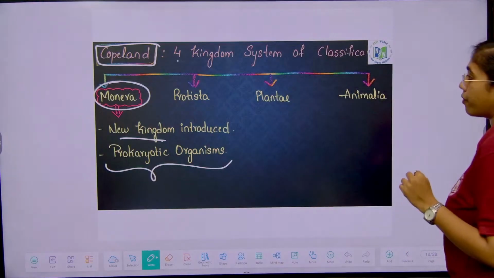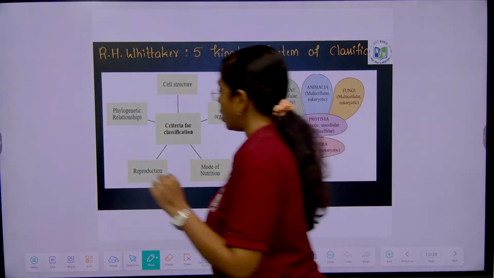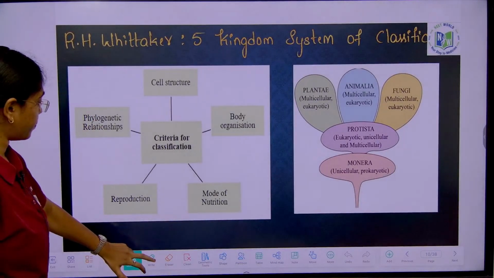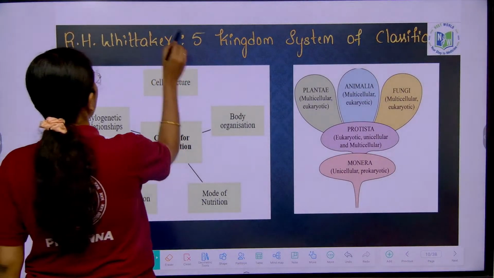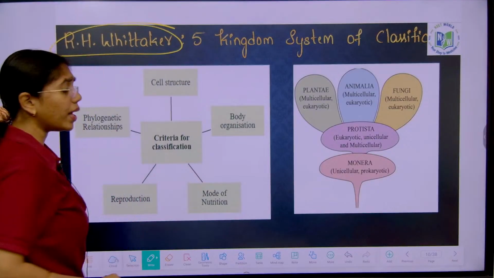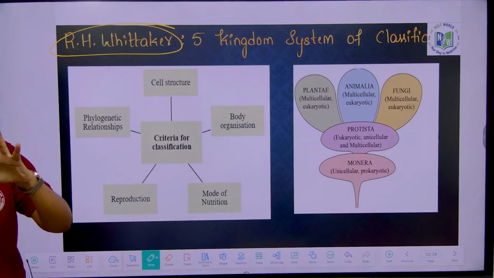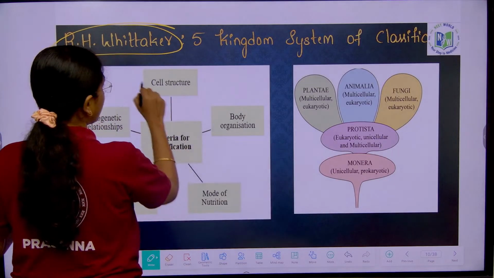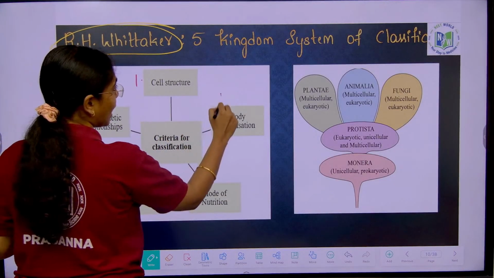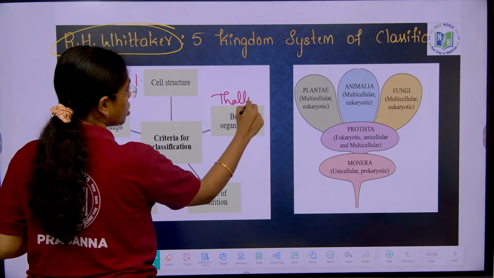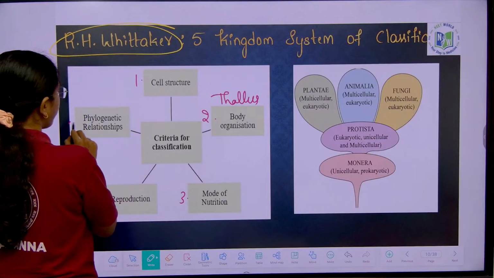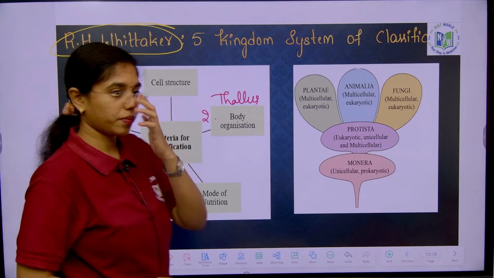Now, our five-kingdom system of classification, which is proposed by R.H. Whittaker, wherein five major criteria are considered. First is cell structure, then thallus or body organization, mode of nutrition, reproduction and phylogenetic relationships.